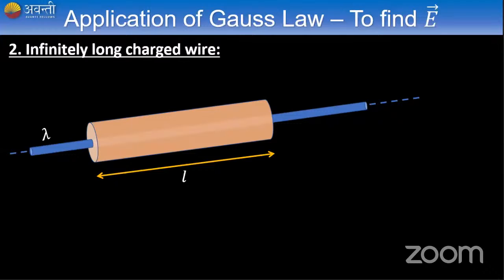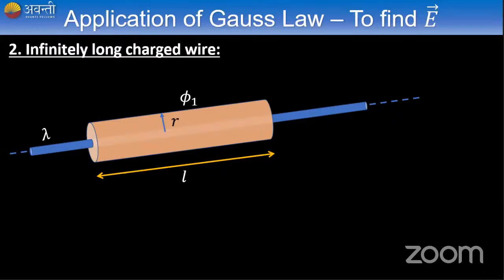Let us consider the equipotential surface of length L, whose distance from the center of the uniformly charged wire is R.